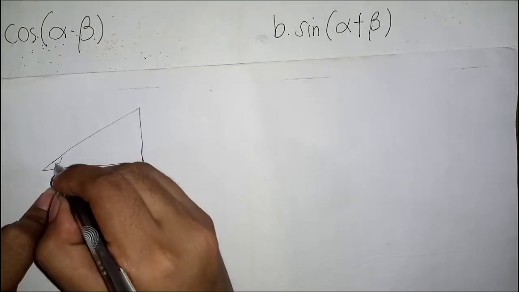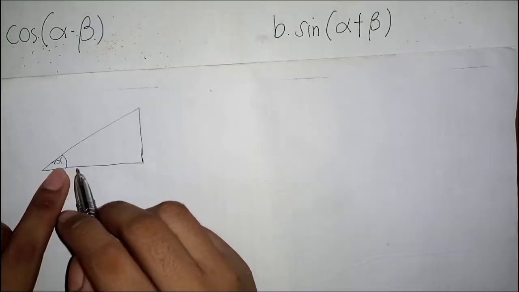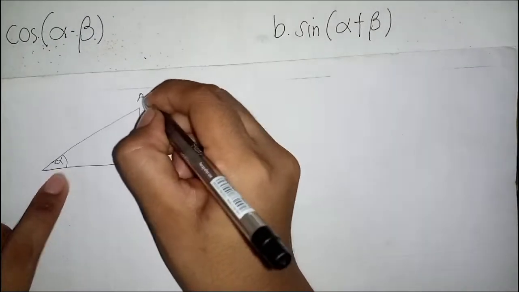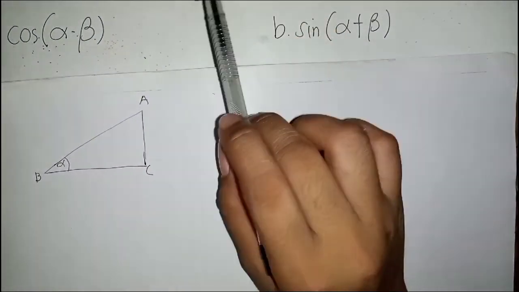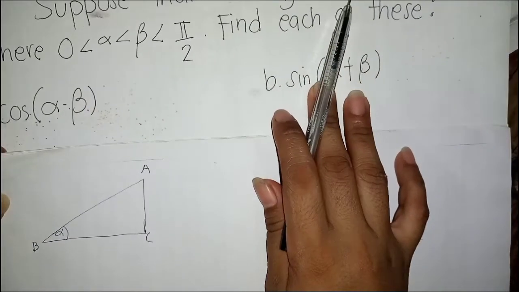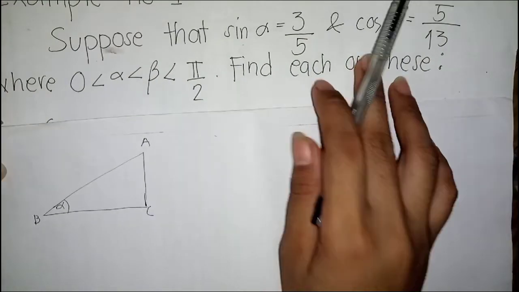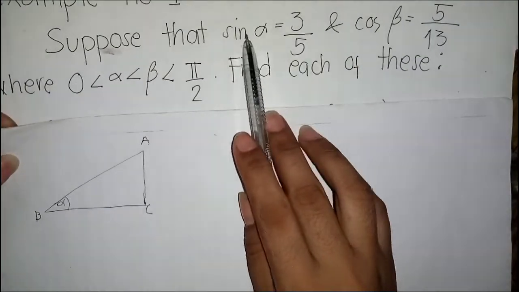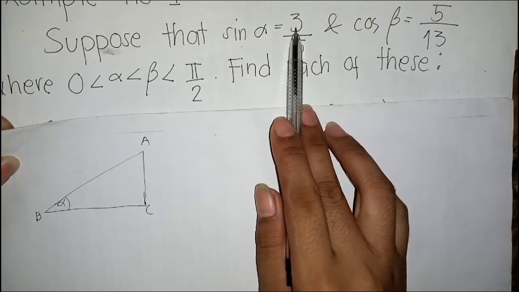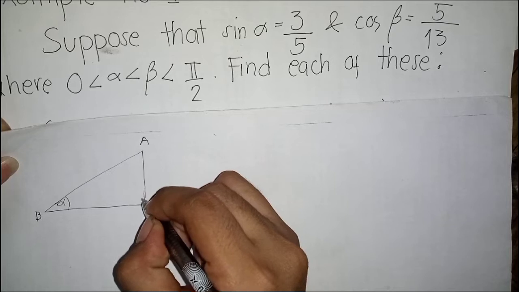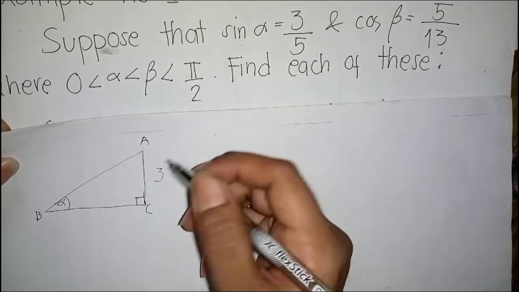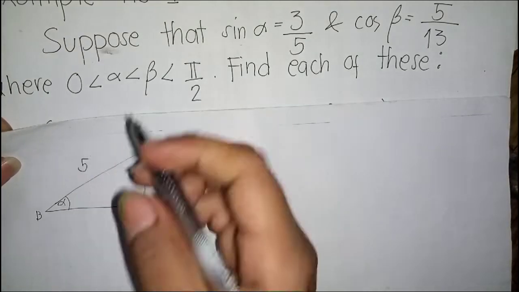Then, this is our alpha. Let's label. So, ang sine alpha nato is equal to 3/5. So, ang sine is equal to opposite over hypotenuse. So, nadali na ang opposite 3 and 5 sa hypotenuse.